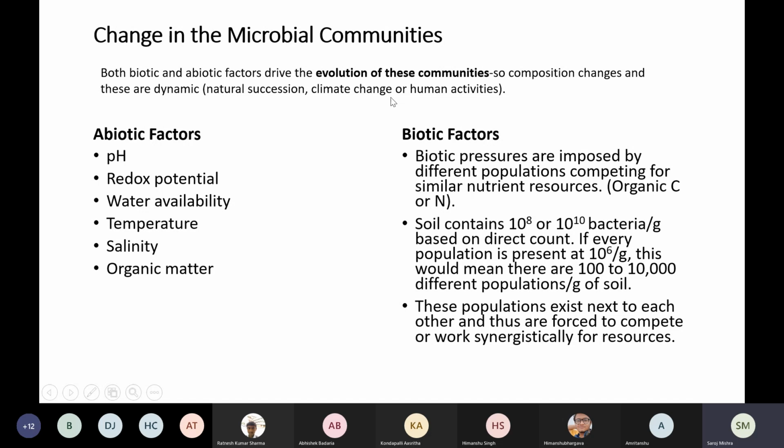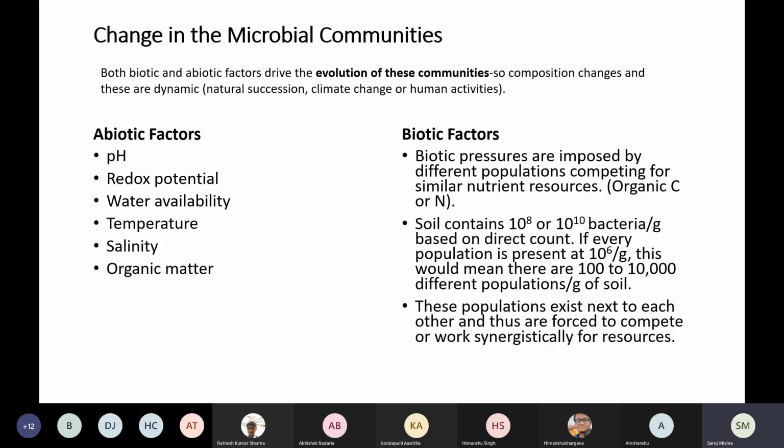In a plant or in an activated sludge process, there is a natural succession of these. You're not doing anything in the activated sludge process. The reactor has been running, and you're only recycling back 30% of the sludge into the reactor. So these are kind of natural succession.